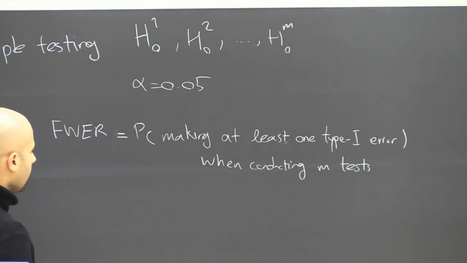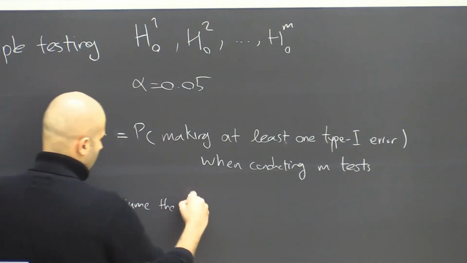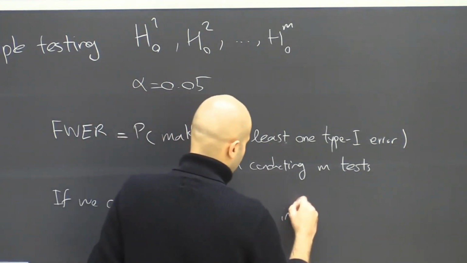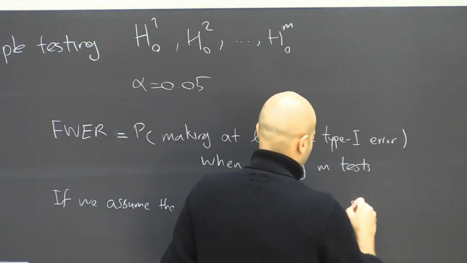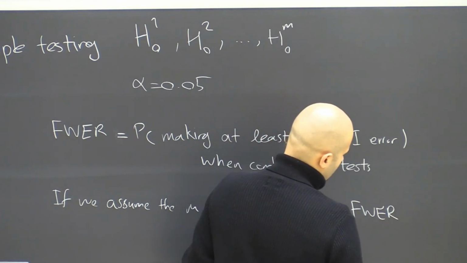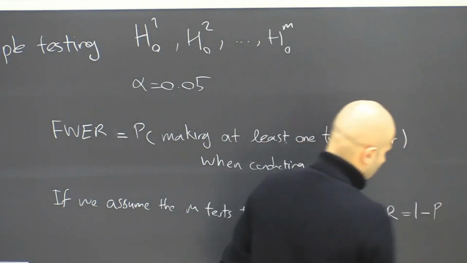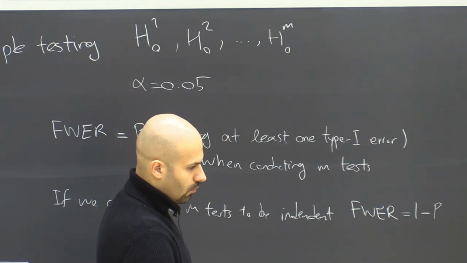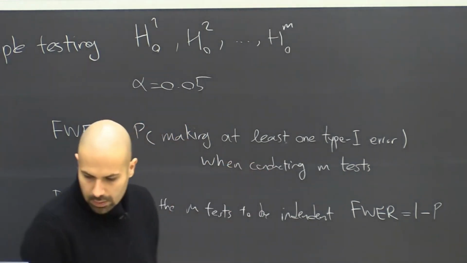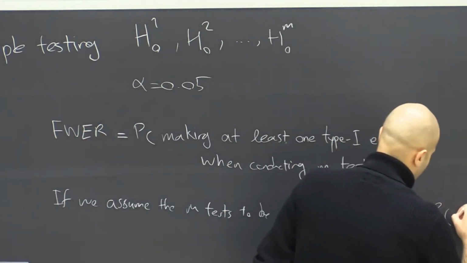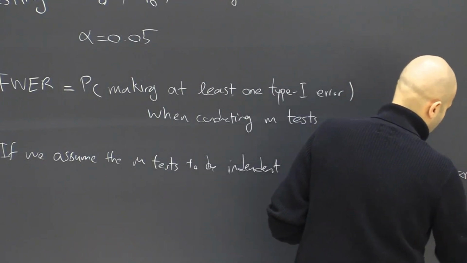it's difficult to measure it, but if we assume the m tests to be independent, then family-wise error rate is going to be equal to 1 minus the probability of no false rejections, making no type 1 error.